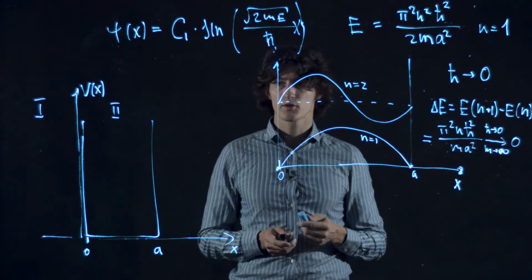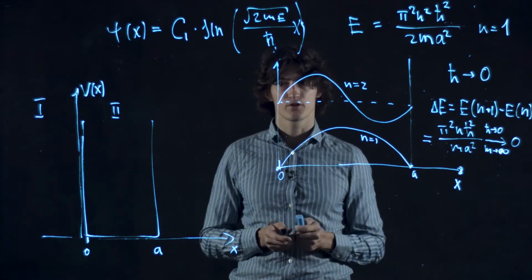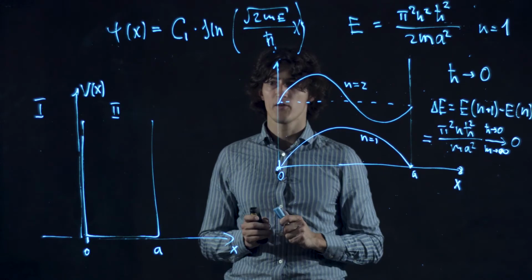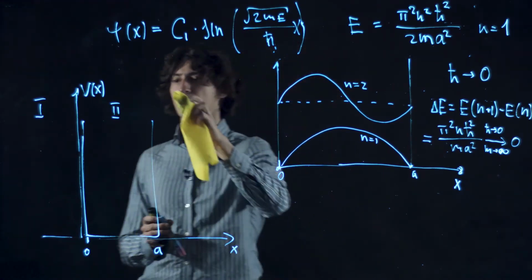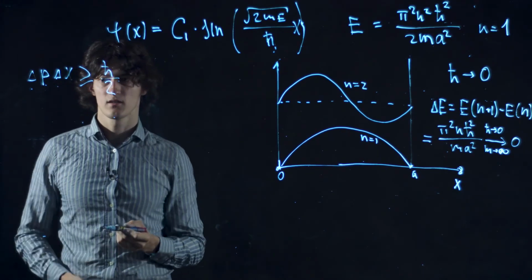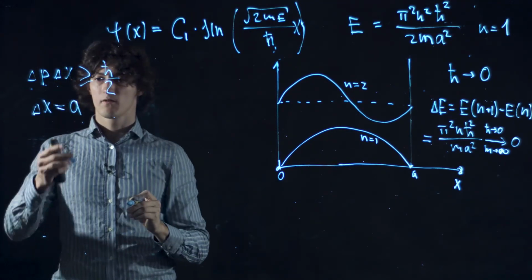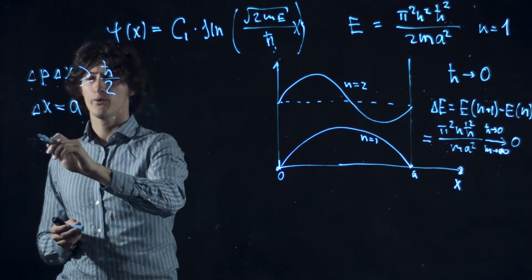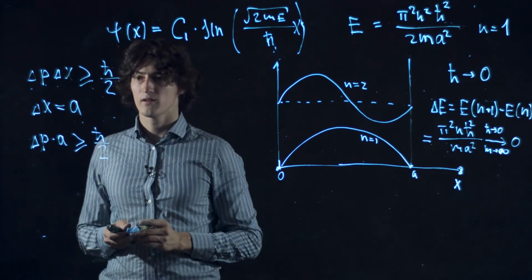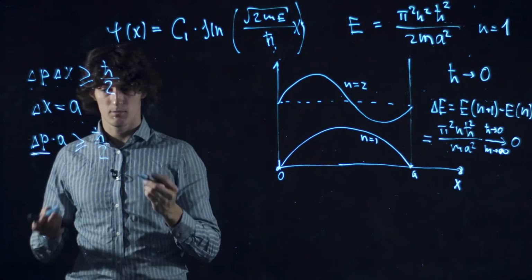Another important question is the possibility to predict our results qualitatively without solving the Schrödinger equation at all. I can show you that it is possible and pretty simple. Let's write down the Heisenberg inequality. The uncertainty in the coordinate of the particle is equal to the width of our well. That brings us to the following form of the Heisenberg inequality. Then we can calculate the kinetic energy, which corresponds to the following uncertainty in the momentum.